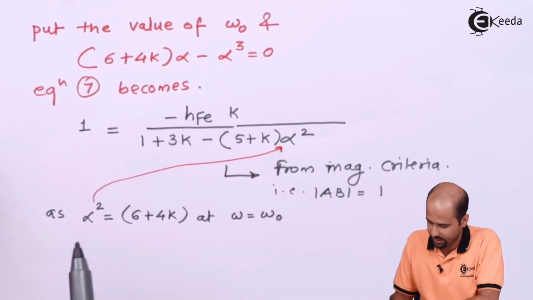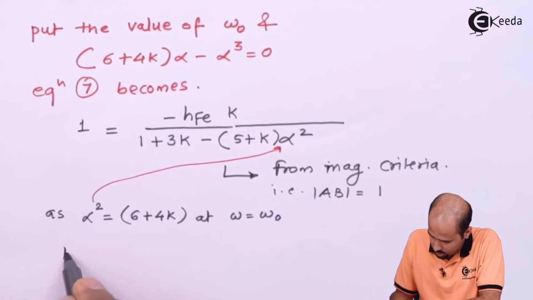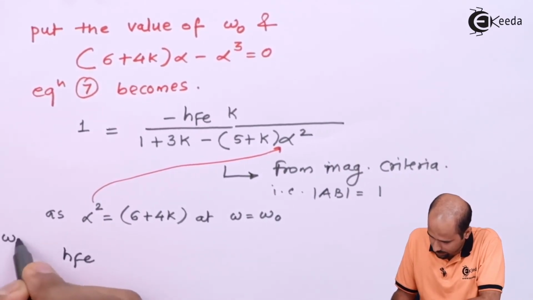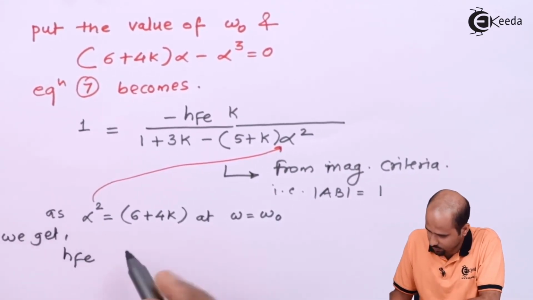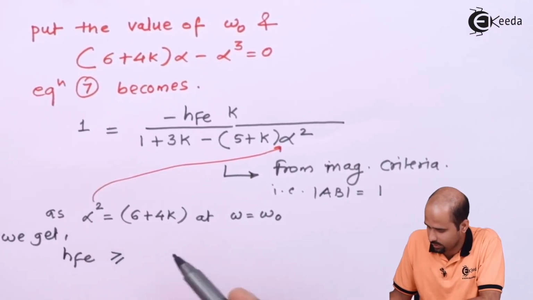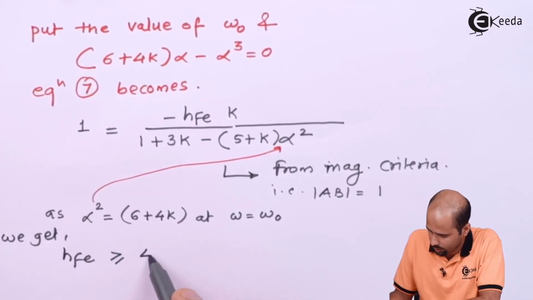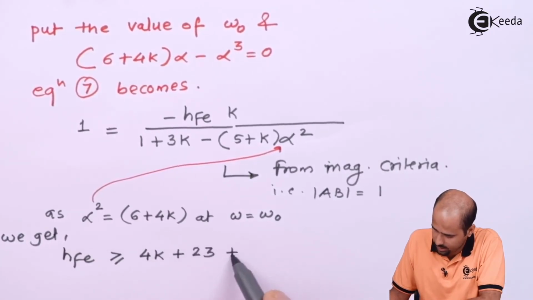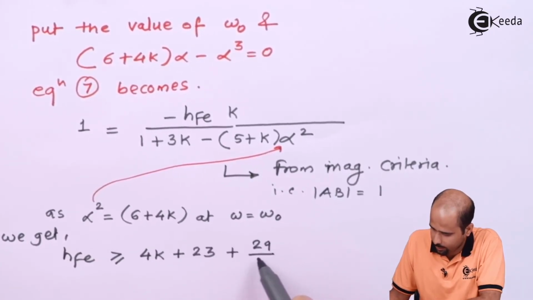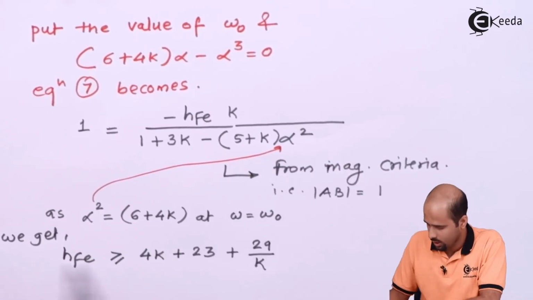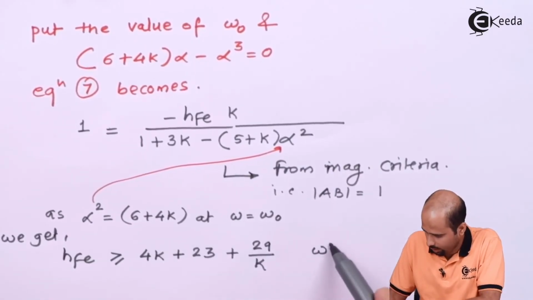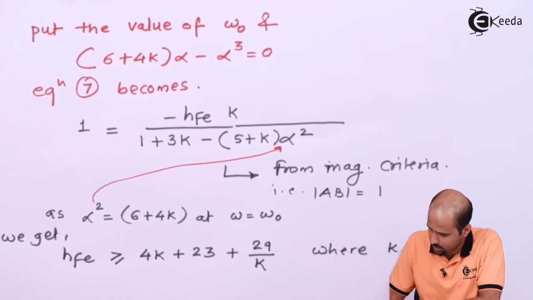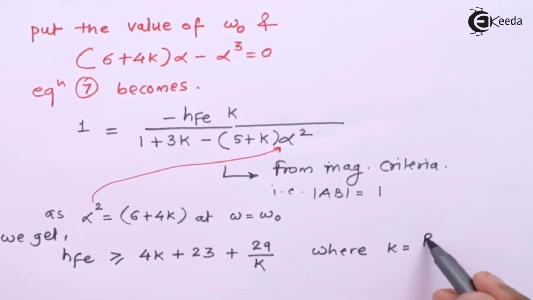So HFE should be greater than or equal to 4k plus 23 plus 29 divided by K, where K is equal to RC divided by R.